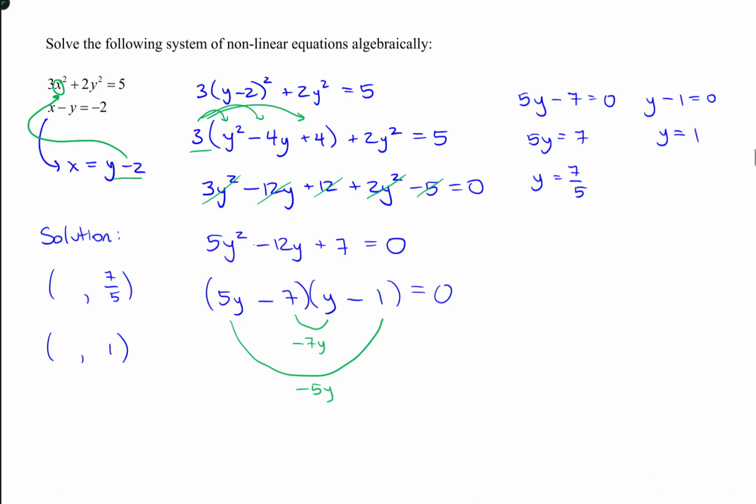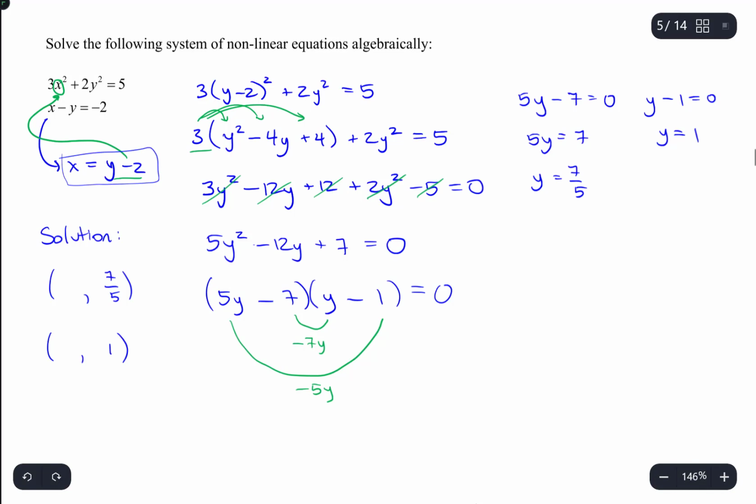So you can go back to any equation, but whatever the simplest one is generally the best choice here. So I'm going to choose this one. All right, so when y is equal to 7/5, then x is that y value minus 2. So let's see here.